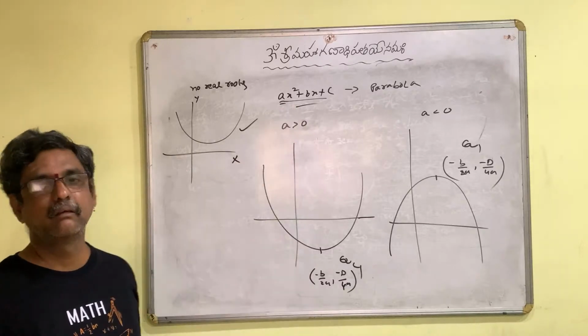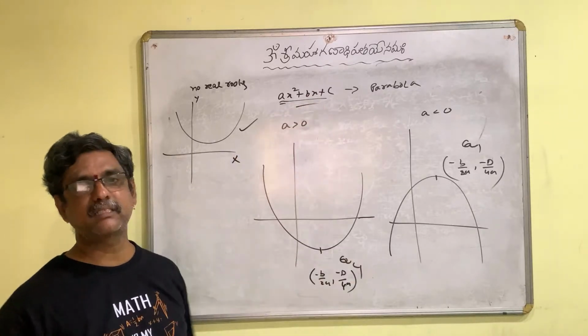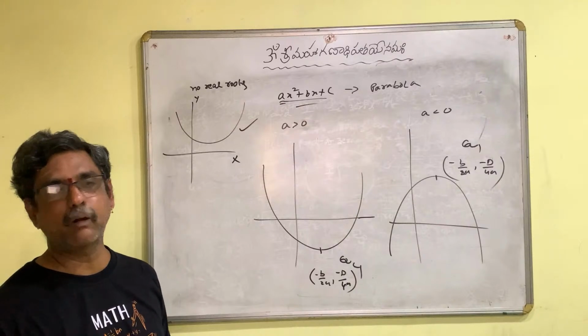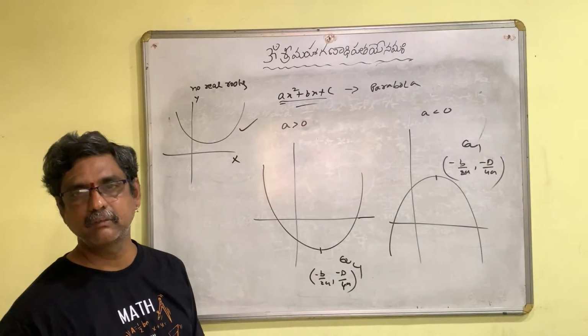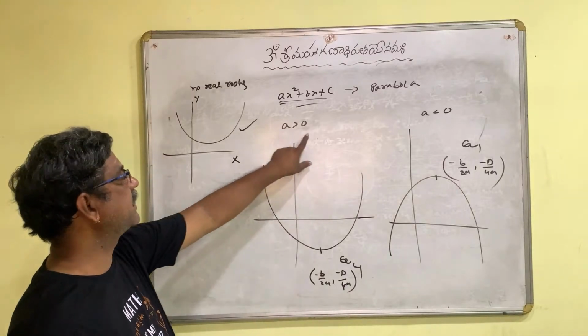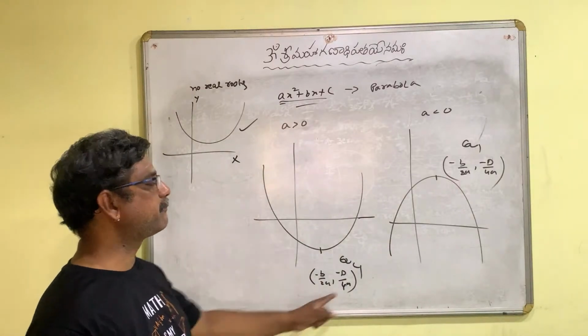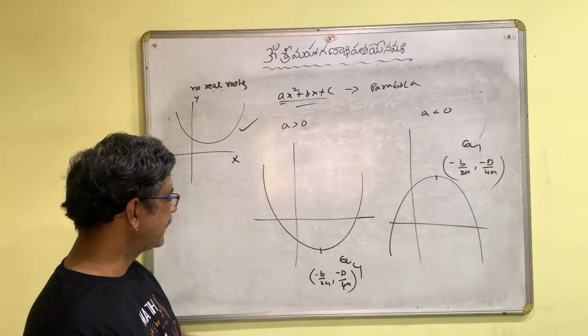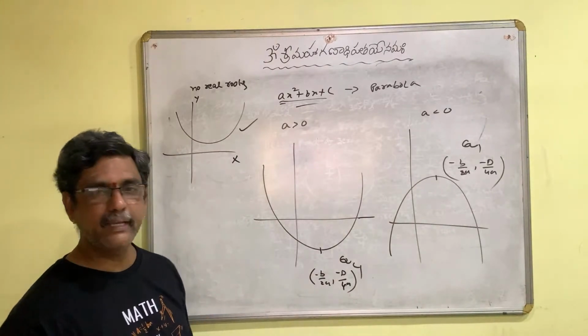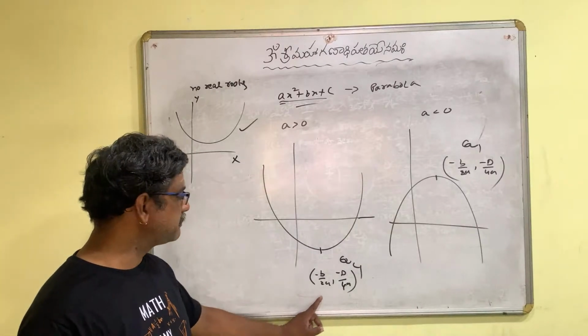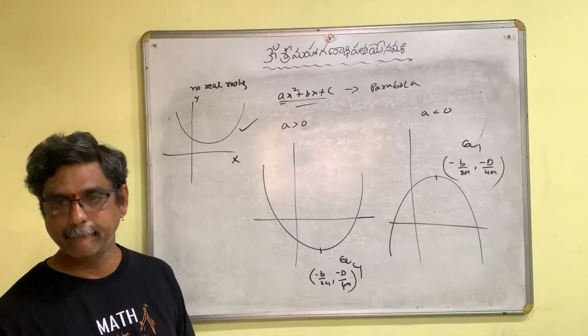Ax square plus bx plus c is the general form of a quadratic polynomial whose shape is a parabola in the graph. If a is greater than 0, the parabola opens upwards. Its vertex lies in the fourth quadrant. And we can find out the vertex by using the formula -b by 2a, -d by 4a.